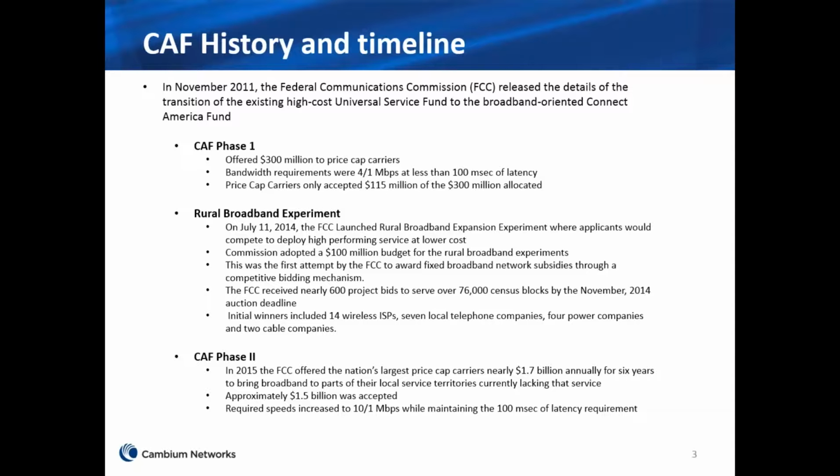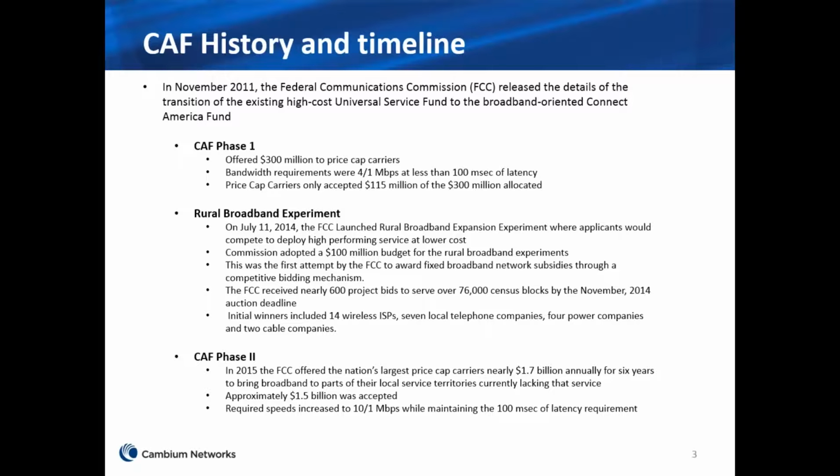In CAF Phase 2, they offered to the service providers increased speeds, while the per subscriber funding amounts decreased, which was interesting, but once again, this was a lesson learned through the rural broadband experiment. And there was also a condition placed on the next offering to the price cap carriers.